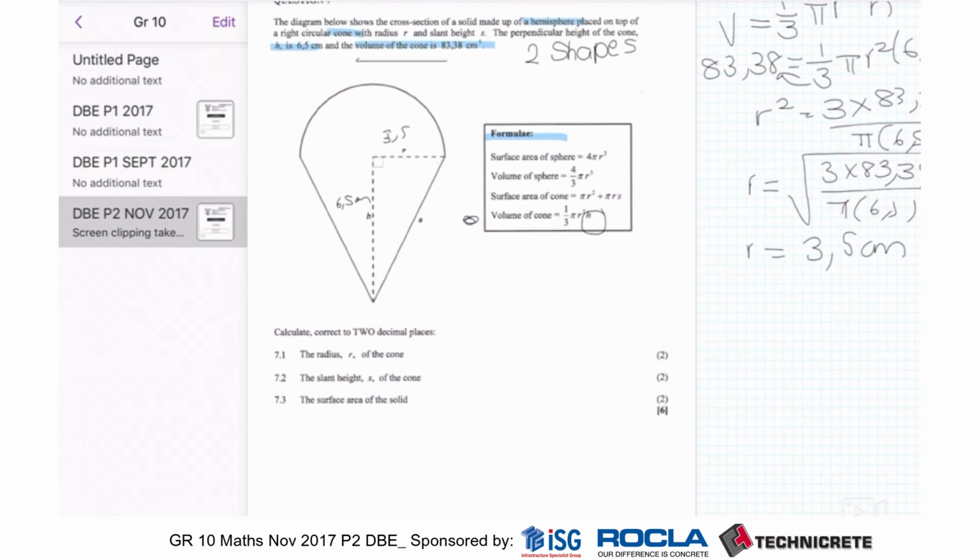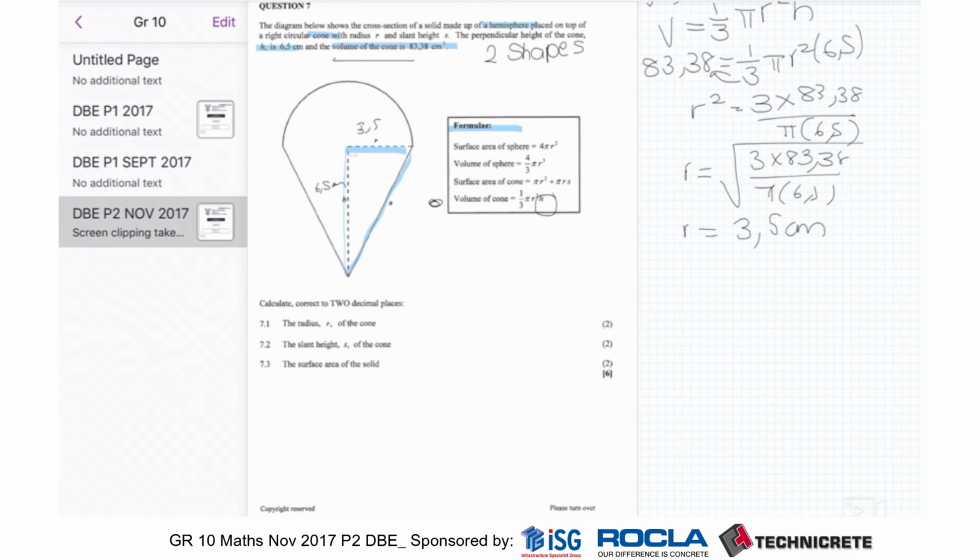What do I have here? Pythagoras triangle. I'm finding the hypotenuse. Okay, so Pythagoras. s squared is equal to h squared plus r squared. H is 6.5 squared plus 3.5 squared.